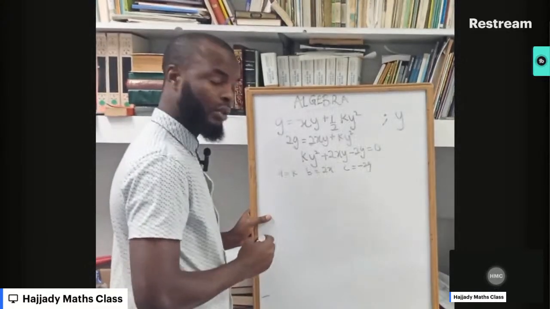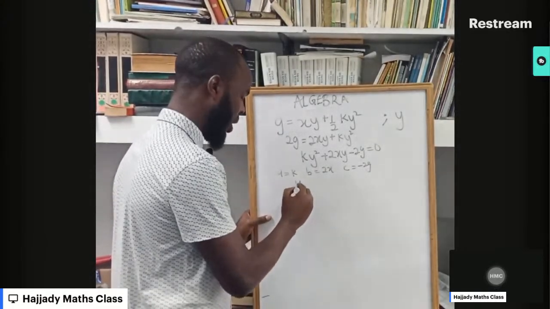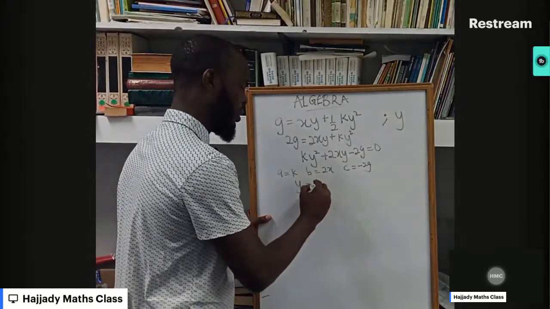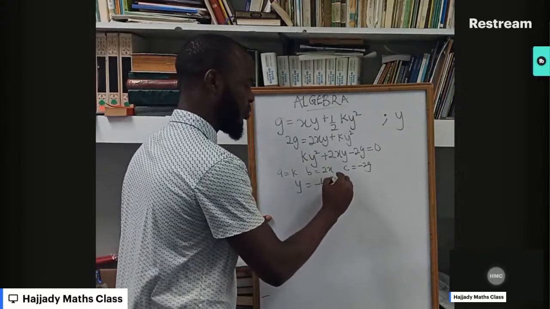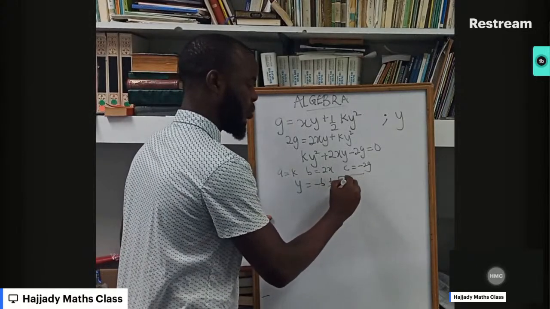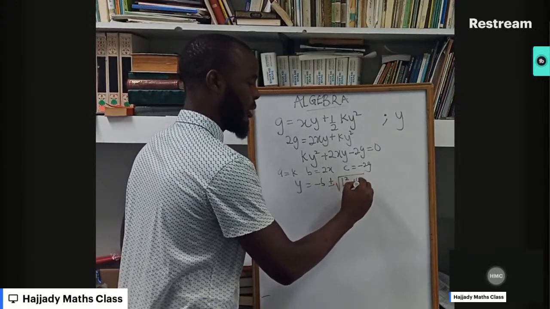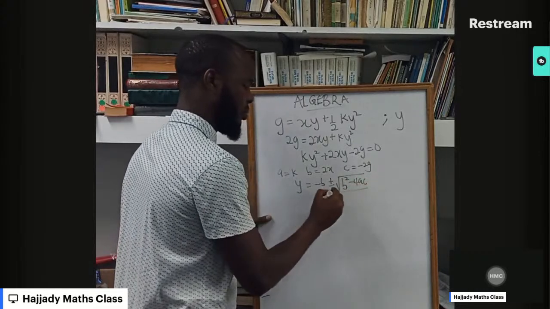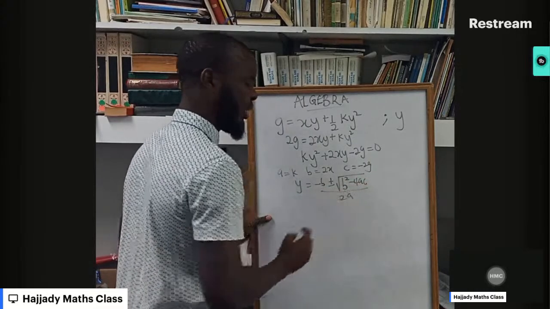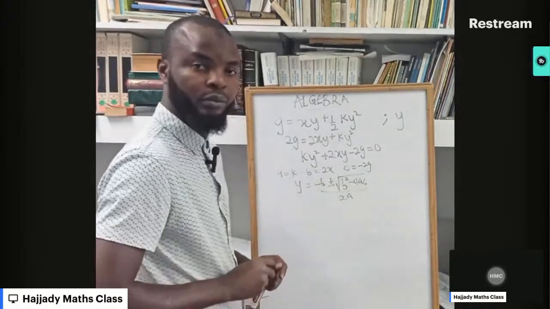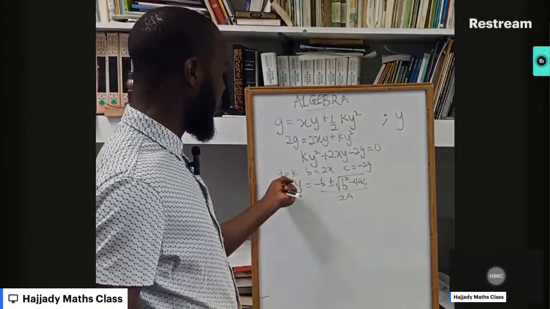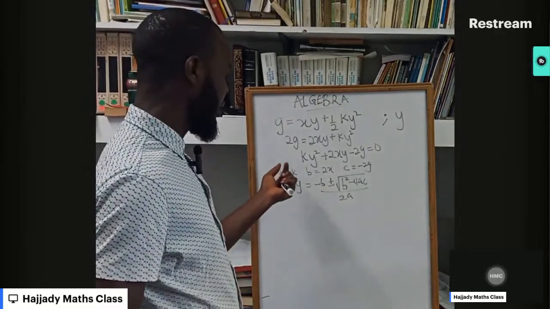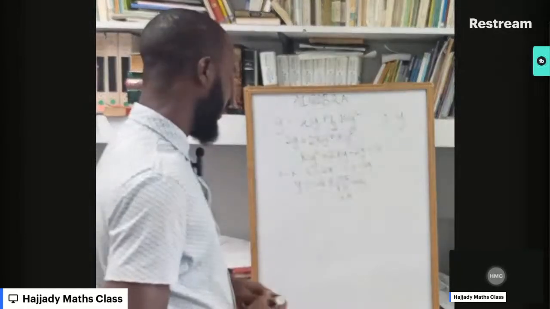So using the quadratic formula approach, y is going to be minus b plus or minus root b squared minus 4ac over 2a. So with this, we need to plug in what the values of a, b, and c are.